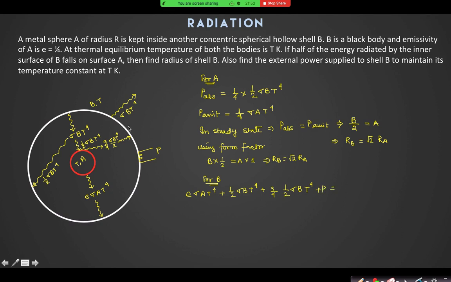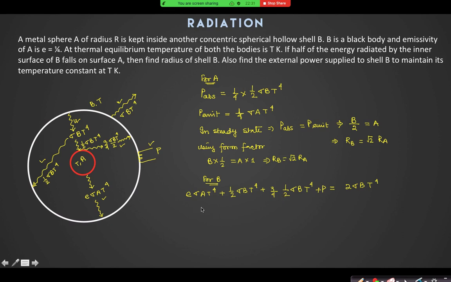Can I say these 4 are the powers that are incident on it? And it is radiating only through 2 surfaces, this one and this one. So that is equal to 2 sigma Bt power 4. If you consider A equal to B by 2, here it is B by 2, here it is B by 2, so it is B, and here it is 3B by 8.